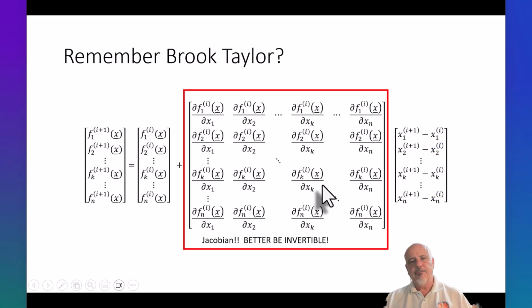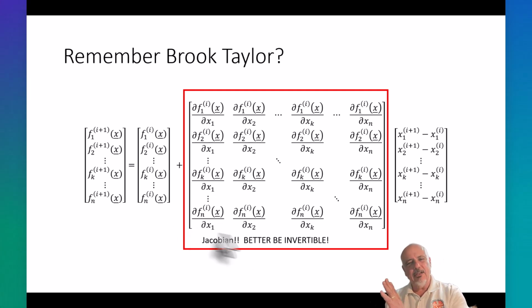And then remember, we've got our Taylor first order expansion: the next function iteration is going to be equal to the current function iteration, the functions evaluated at the current x.